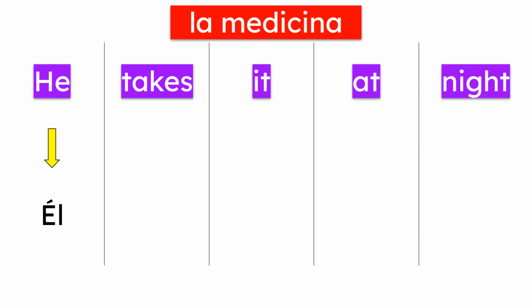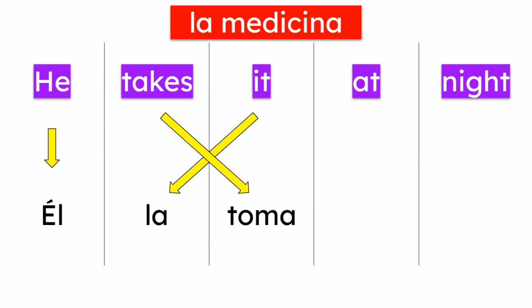That's right. And since it is replacing or referring to medicine or la medicina, we use la. To take is tomar in Spanish, so that would be él la toma. The right conjugation for él. So él la toma at night.